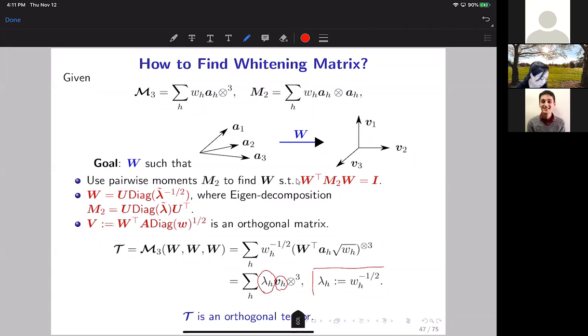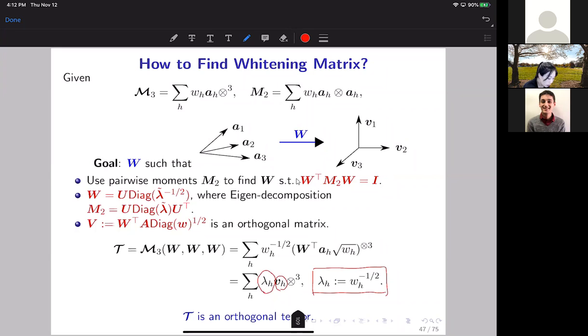Okay, so that's essentially the reason why people tend to make mistakes when they are doing moment matching or using method of moments to learn model parameters. They sometimes just understand you want to do tensor decomposition, but they didn't understand the subtleties of doing whitening, right?